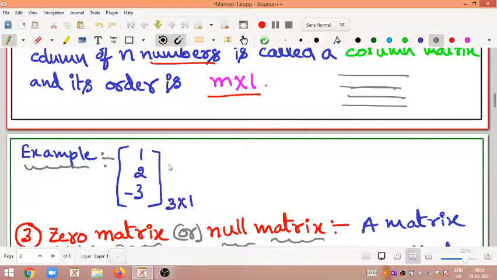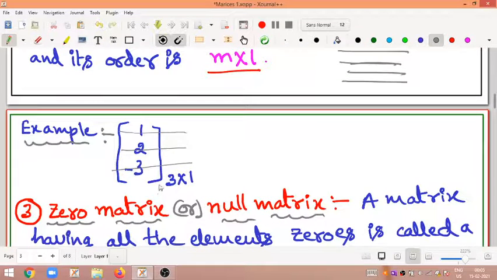See this example: 1, 2, -3. This is one row, this is another row, this is another row. So 3 rows are there, but only one column. So that's why this is a column matrix.